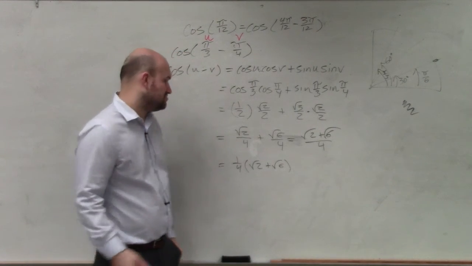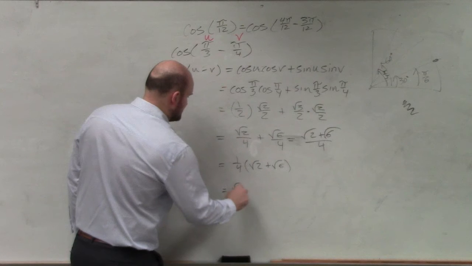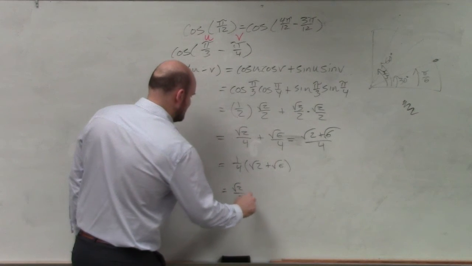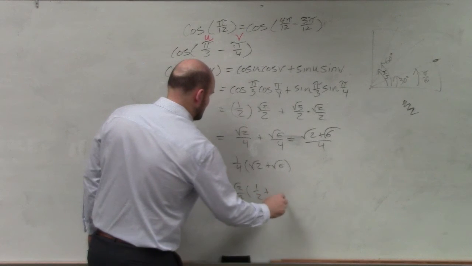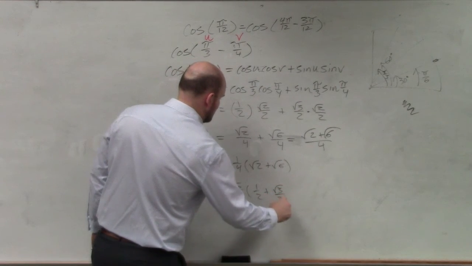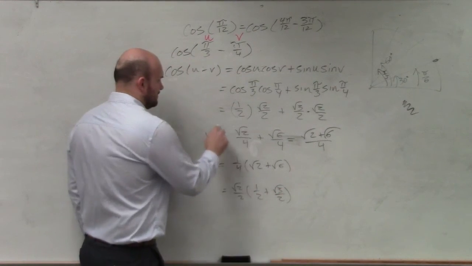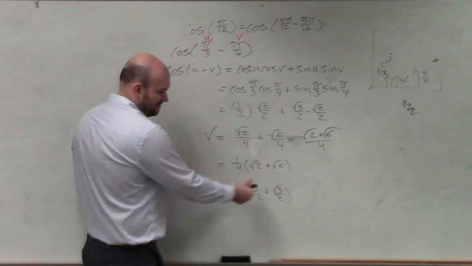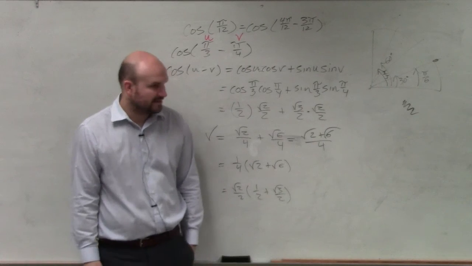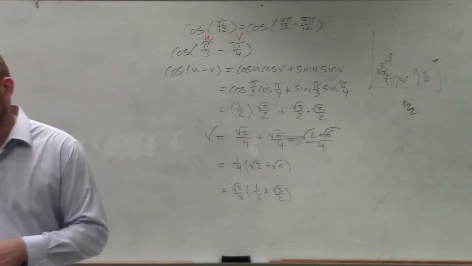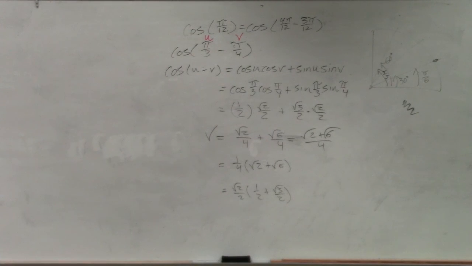You also might see people factor out a square root of 2 over 2. This is perfectly fine to leave your answer in. I'm just playing around with different answers that you guys could see. So just don't get confused on multiple representations of the same thing.